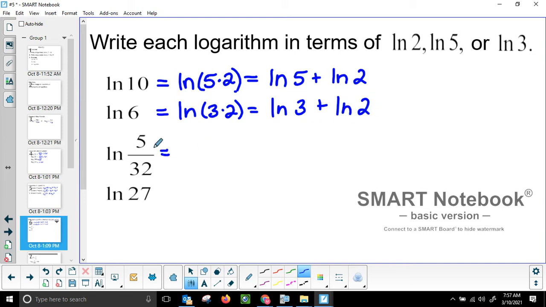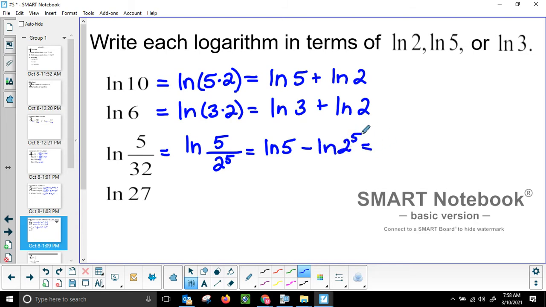Here we have division, but the bottom one isn't 2, 5, or 3. So first, I'm just going to keep this as 5 over, well, 32 is actually 2 to the 5th power. So now I can rewrite that as ln of 5 minus ln of 2 to the 5th.